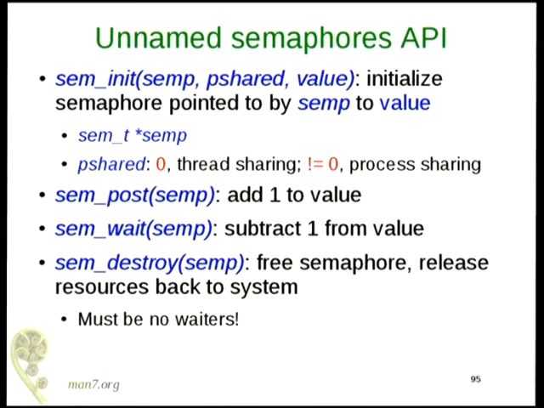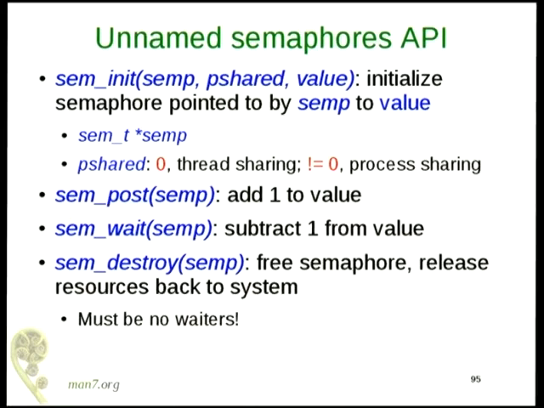Okay, for unnamed semaphores, these are the operations you can perform. Sem init says, I want to initialize a semaphore to a given value. And you specify as well a thing called the pshared parameter. And the pshared parameter says, what kind of sharing do I want for the semaphore?